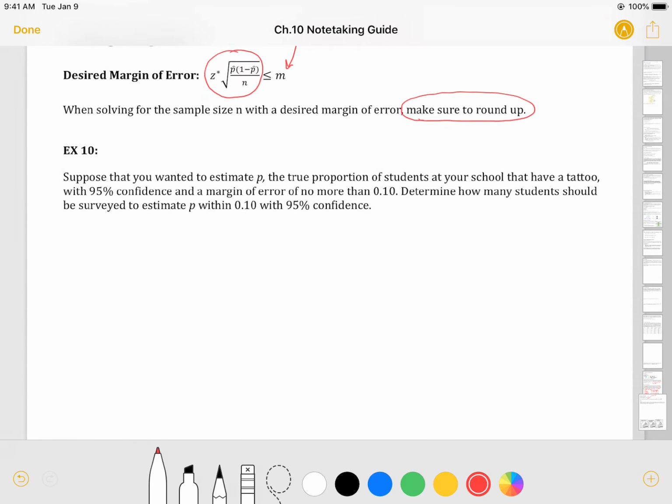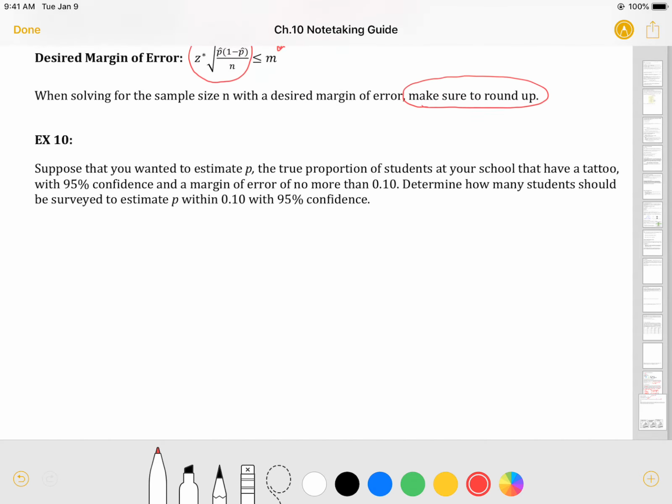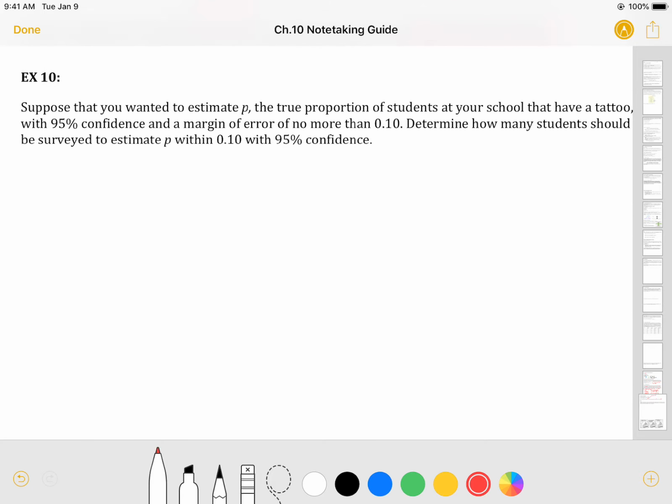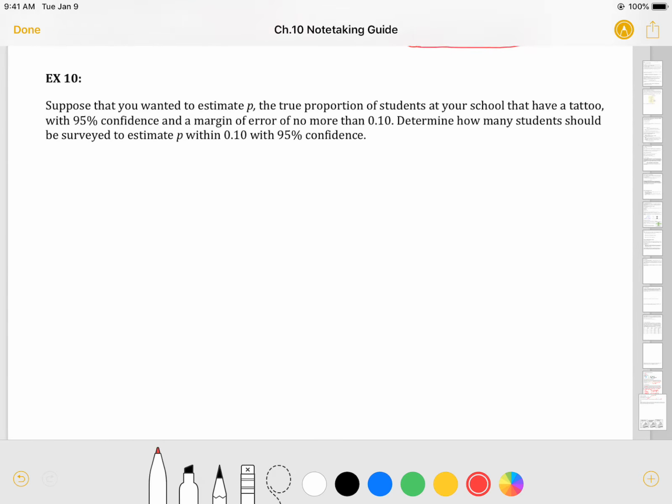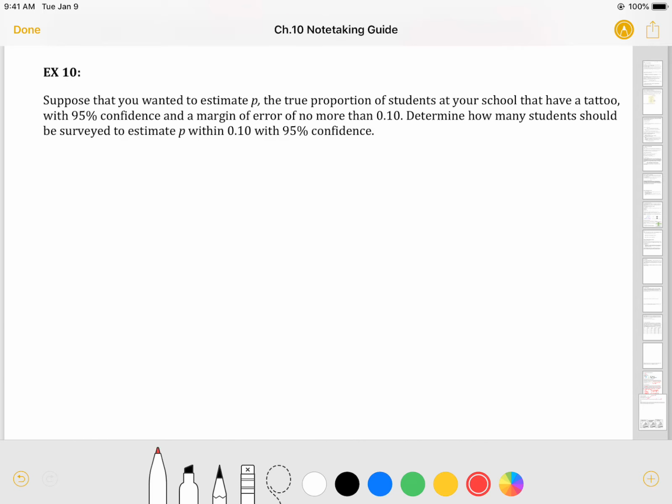Okay? So let's look at this last example, number 10. It says, suppose that you wanted to estimate P, which is the true proportion of students at your school that have a tattoo, with 95% confidence and a margin of error no more than 0.1. We want to determine how many students should be surveyed to estimate P within 0.1 with 95% confidence.